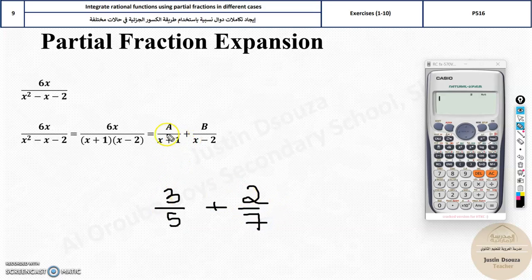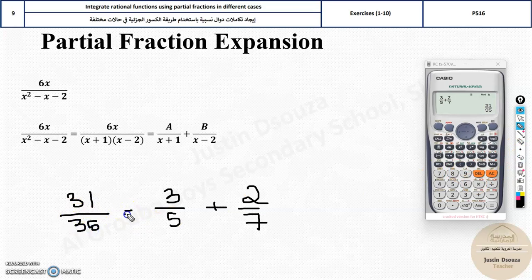These are two fractions. Now, let me add them up. 3 by 5 plus 2 divided by 7. What is the answer? It is 31 divided by 35. So the answer is 31 divided by 35.